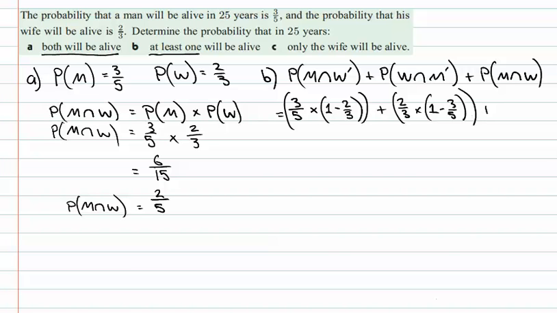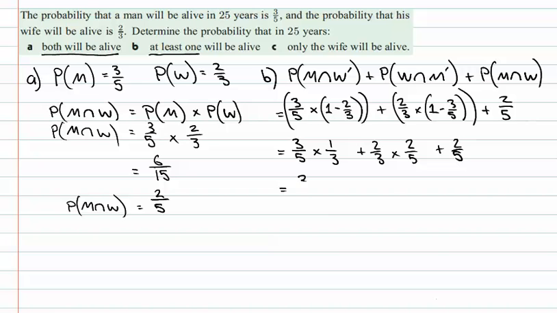And we're going to add that with what we got down here for probability of man and woman being alive, and that's 2/5 there. So now if we simplify this, we get 3/5 times 1/3 plus 2/3 times 2/5 plus 2/5.